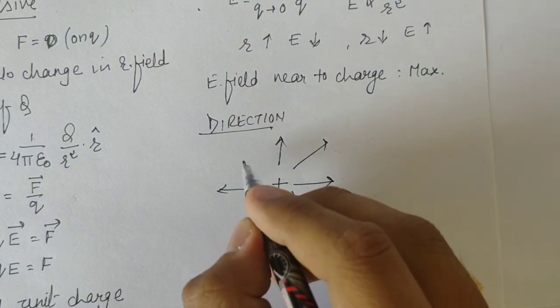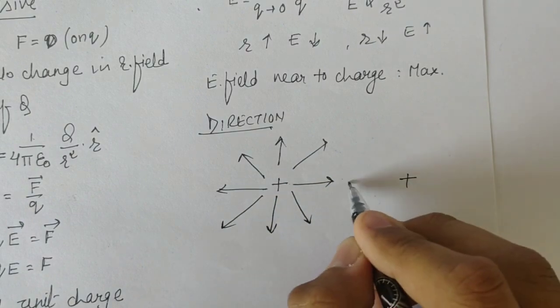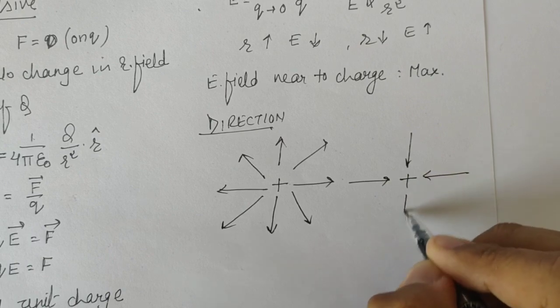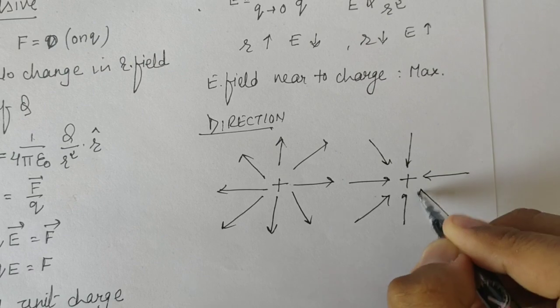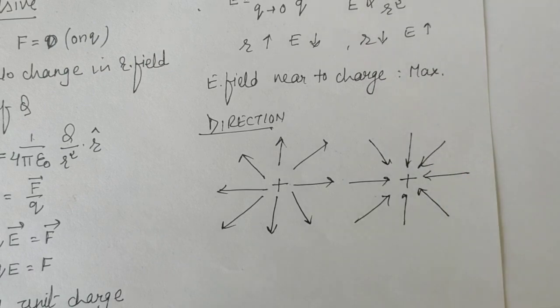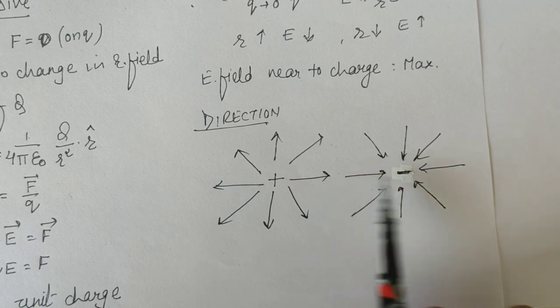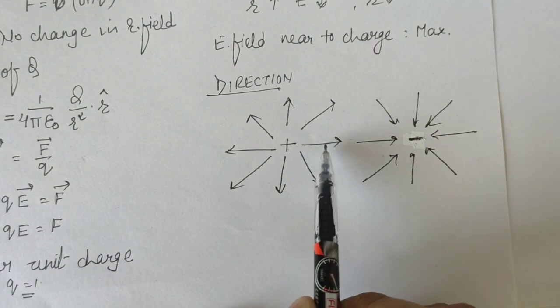And for a negative charge, it is radially inward. The direction of the field of a positive charge is outward, and of a negative charge is inward.